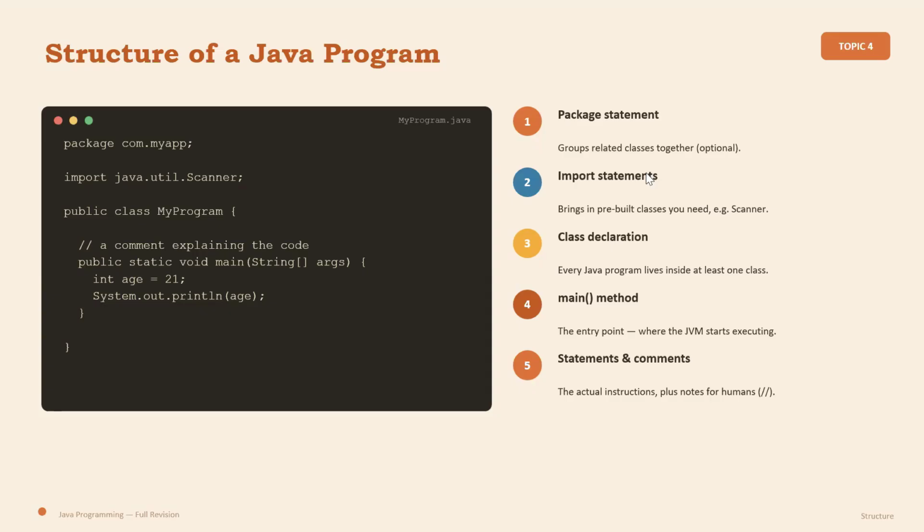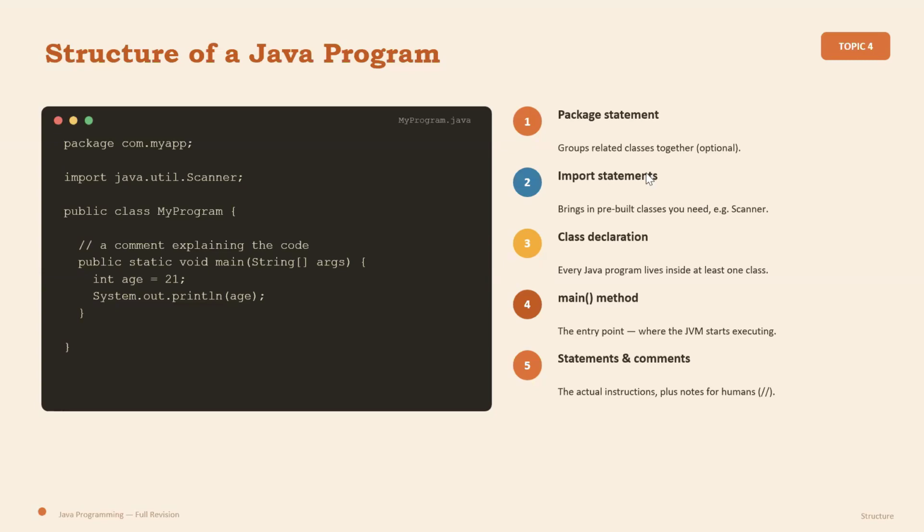And the next one we have is the import statement. Java provides many pre-written classes that programmers can use instead of creating everything from scratch. When we need to use one of these classes, we import it into our program.